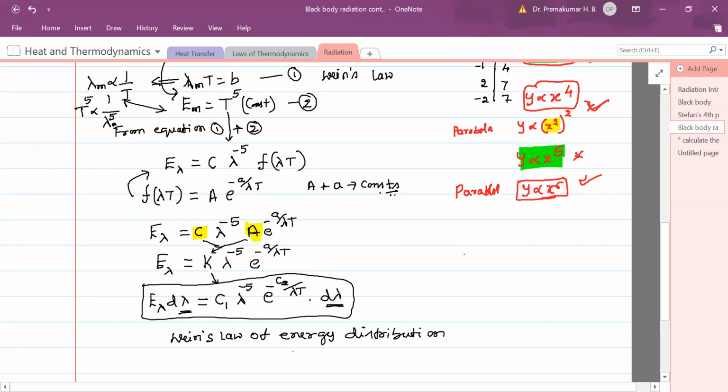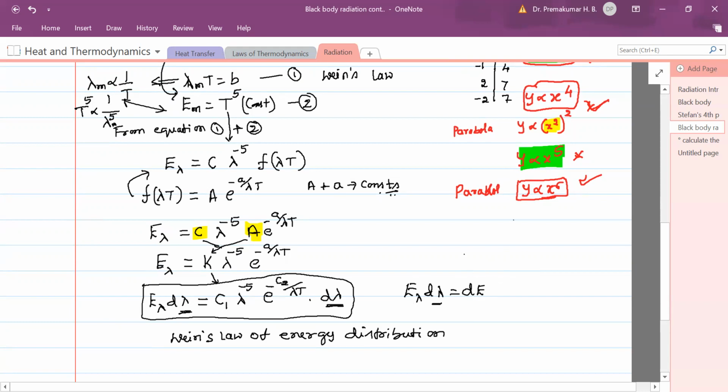This E lambda d lambda, if you want, you can call it dE, a portion of energy in that curve, the complete energy for a wavelength range d lambda.